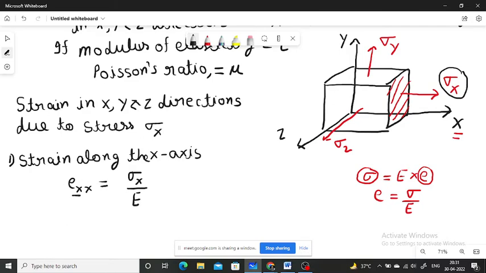Here the first suffix denotes the stress and the second suffix denotes the direction.